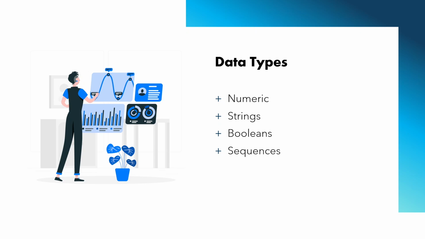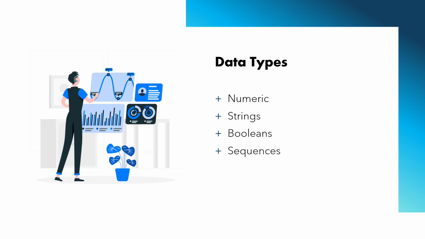We have what we call the numeric types. Numeric types are those types of data that are in the form of numbers. We have the strings. Strings are basically textual data like names, descriptions. We have Booleans.